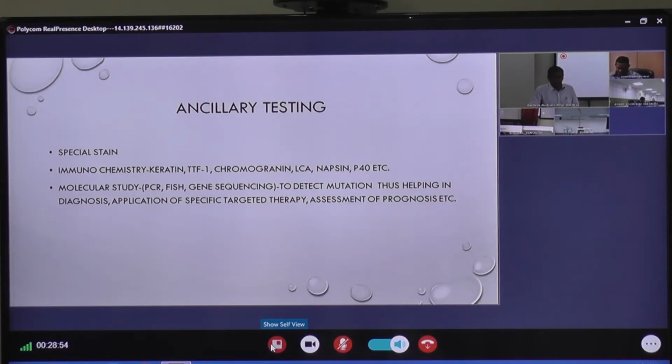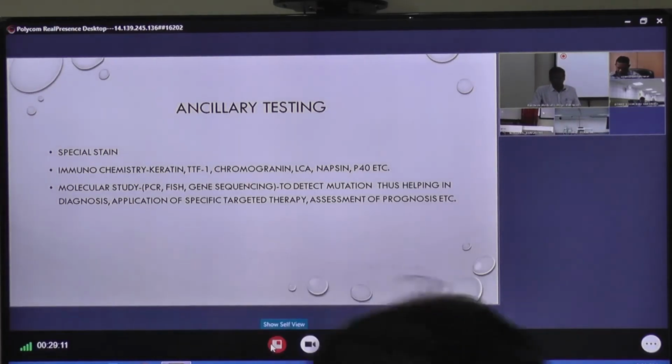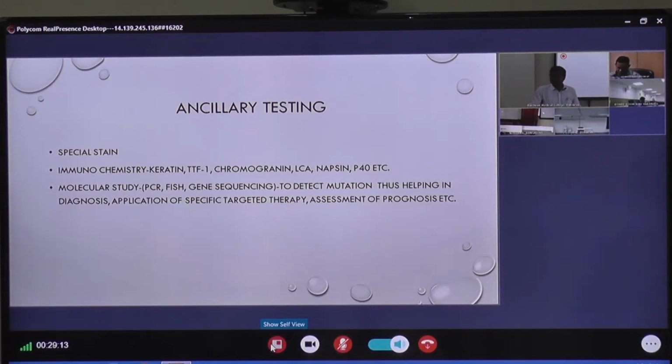Now coming to the molecular study. So we know that PCR, FISH and gene sequencing are the molecular techniques to detect gene mutation or gene rearrangement products, thus helping in the diagnosis and also the application of specific targeted therapy.